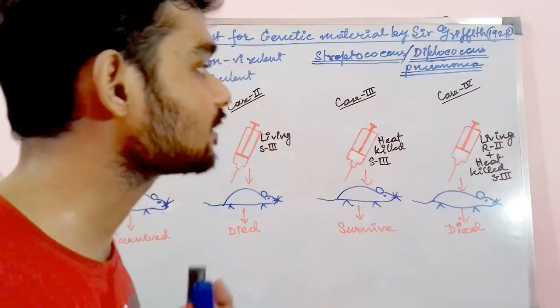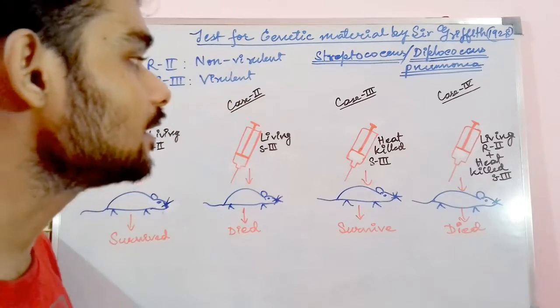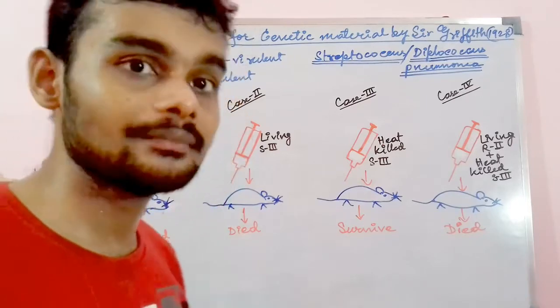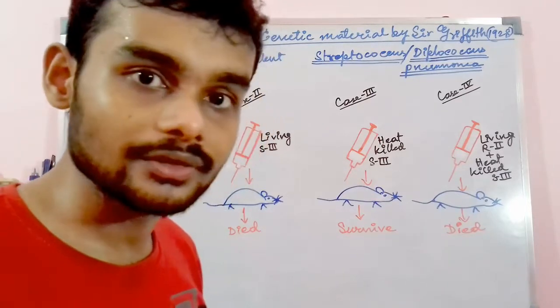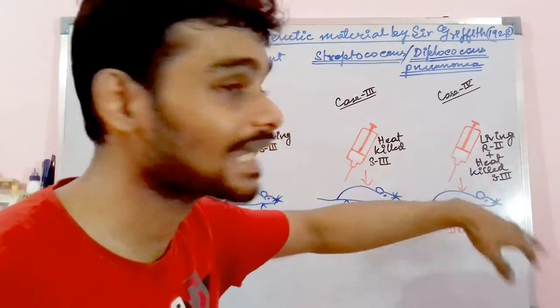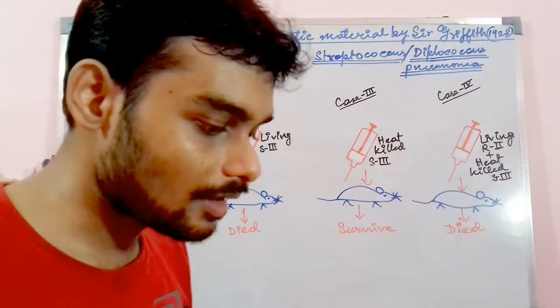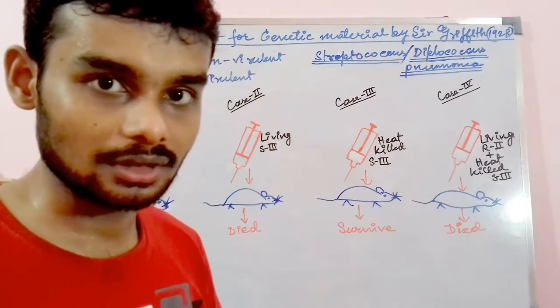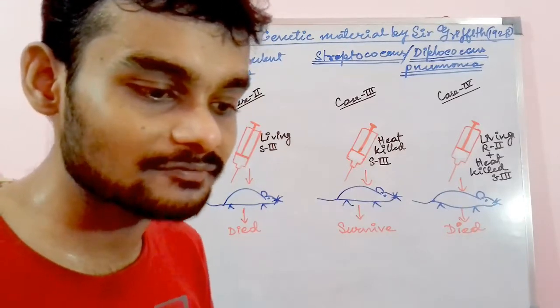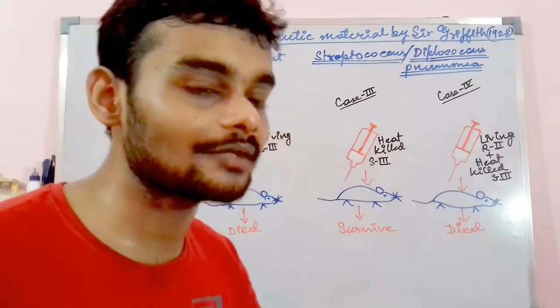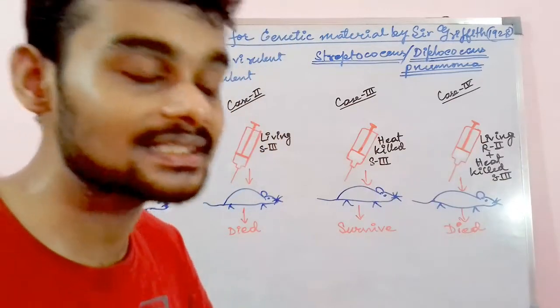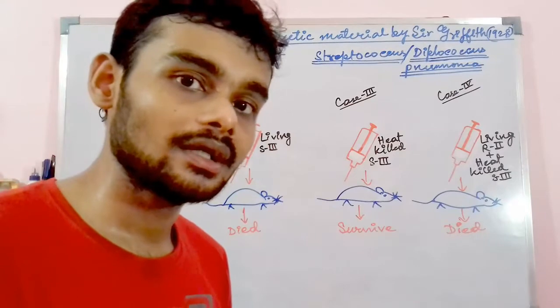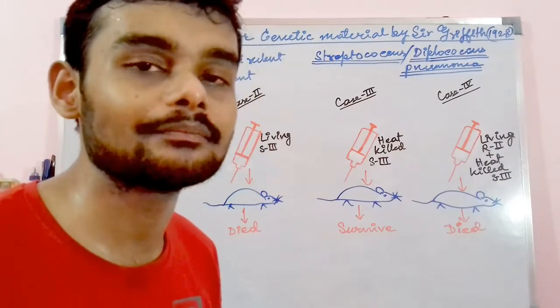So Sir Frederick Griffith came to the conclusion ultimately that the R2 type living bacteria, which was non-virulent, in the presence of heat killed S3 type bacteria, somehow incorporated the genetic information, or that specific functionality from the S3 type bacteria within its body, and itself got converted to the pneumonia causing S3 type bacteria.